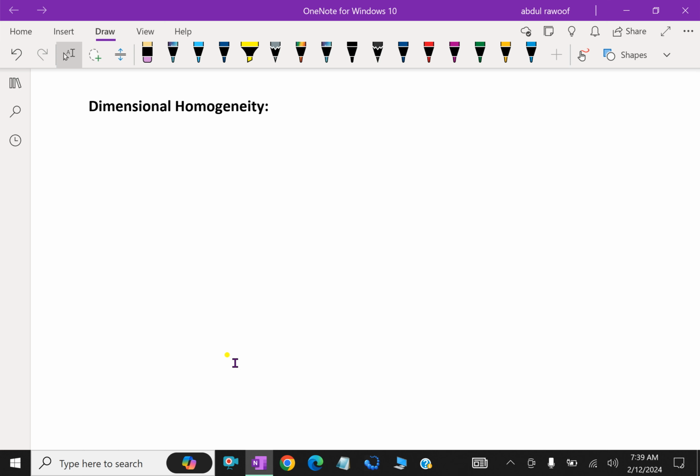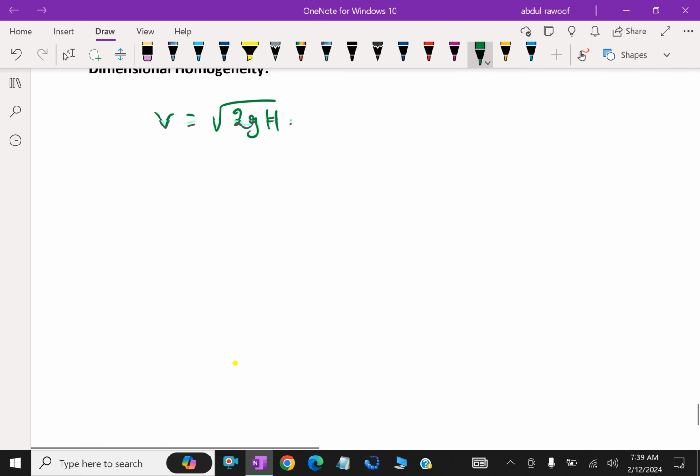For example, velocity V equals square root of 2gh. On both sides we get a dimension.